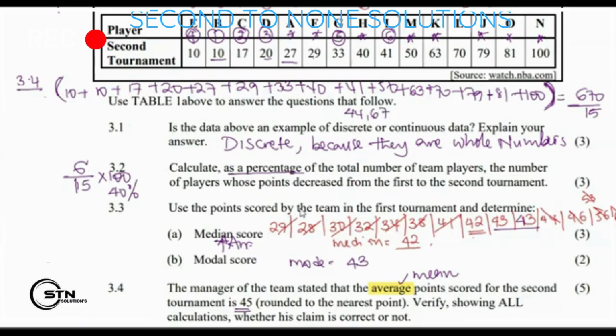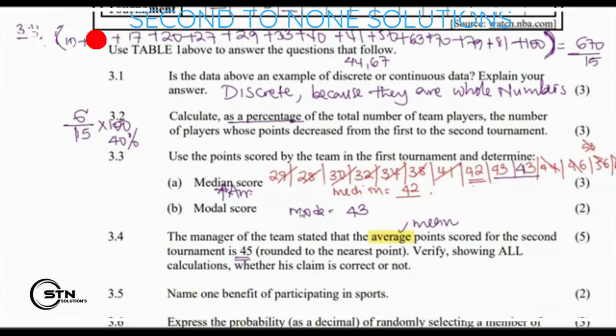Now, because of the statement in the brackets, rounded to the nearest point, we also need to round to the nearest point, which is 45. Don't forget, you are verifying whether it was correct or wrong. So the statement is correct. Don't hesitate.